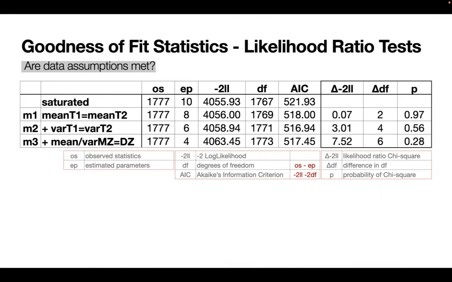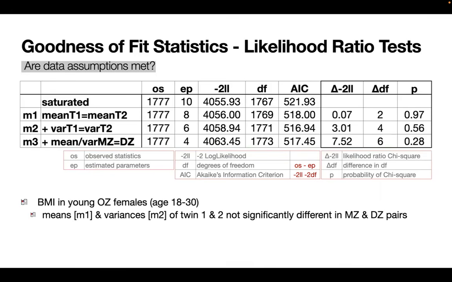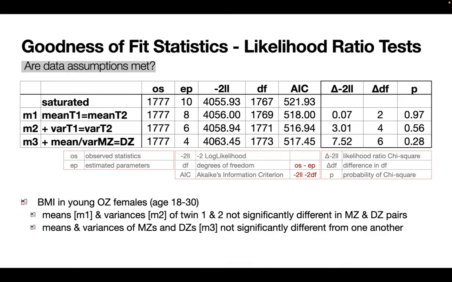And in this case, the p-values are all greater than 0.05, the typical significance level that we use for these models, indicating that we can indeed not only equate the mean of twin 1 to twin 2 in model 1, but also the variance of twin 1 and twin 2 in model 2, and the mean and variances of MZs and DZs in model 3. And so we can conclude that the basic data assumptions of the classical twin study have been met.